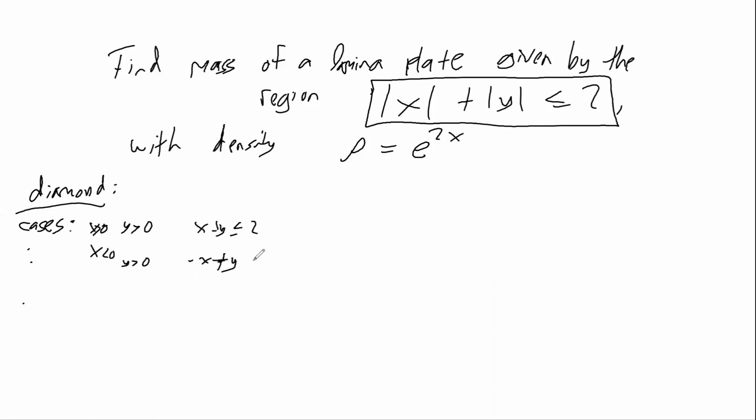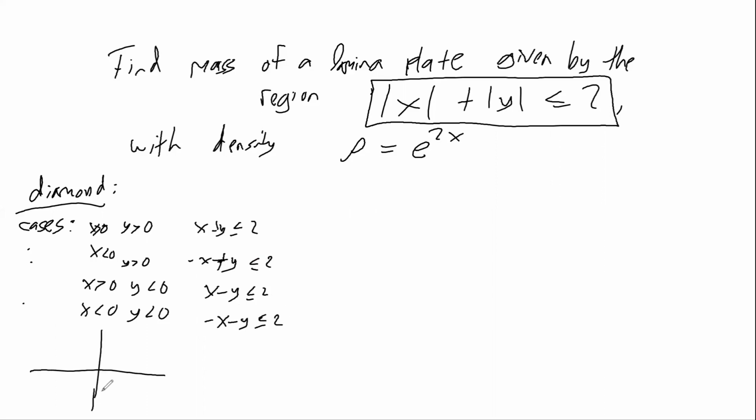Because remember, absolute value is positive. And similarly, there's going to be an x greater than 0, y less than 0 case, where you'll have an x minus y. And finally, you'll have an x less than 0, y less than 0 case, where everything is negative. And so it turns out you had diamonds. For example, what you do is you just solve for y.